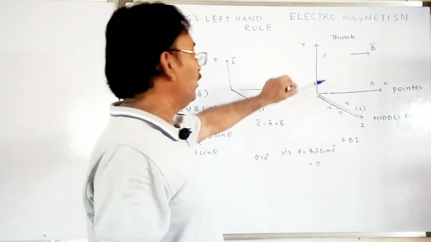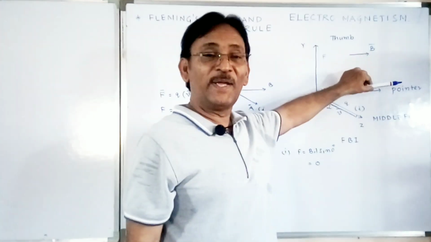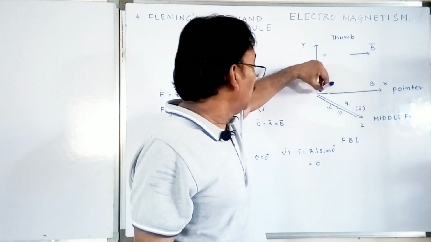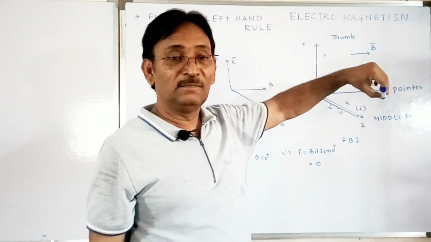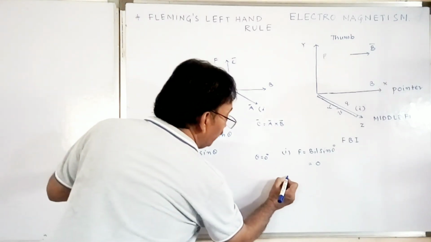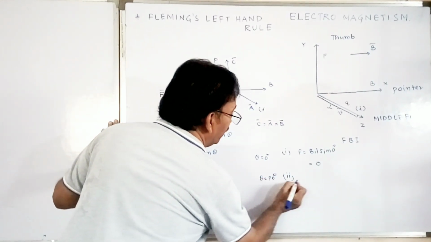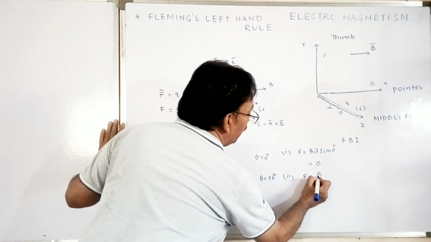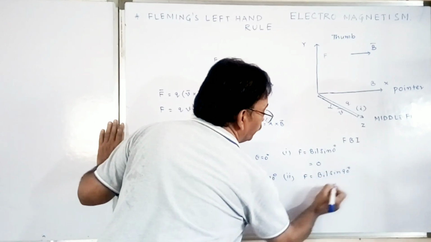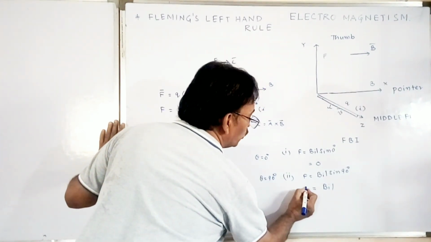That means if a conductor is moving along the direction of the magnetic field, the force experienced by the conductor is 0. And if it is perpendicular to the field, theta is equal to 90 degrees, that is F is equal to BIL sine 90, which is equal to BIL, and it is the maximum force.